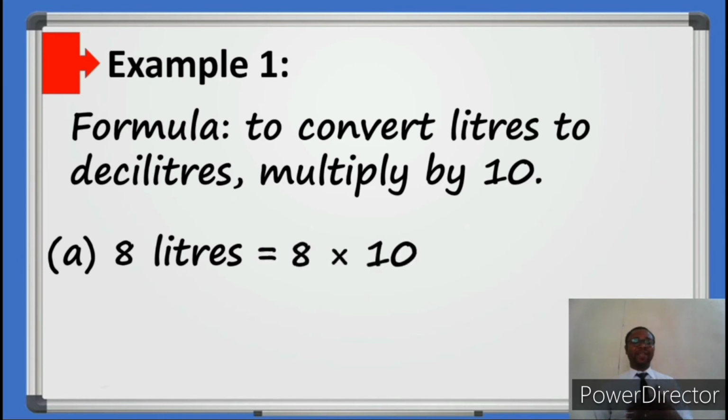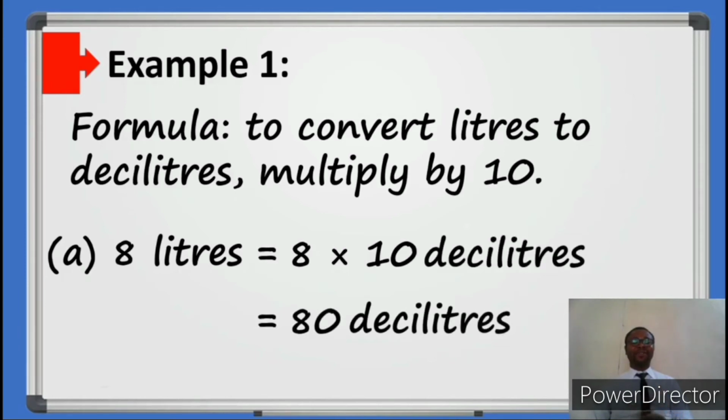And 8 times 10 will give us 80 deciliters. So 8 liters is equal to 80 deciliters. Don't forget, 10 deciliters make 1 liter. So if we're converting from liter to deciliter, we multiply by 10.